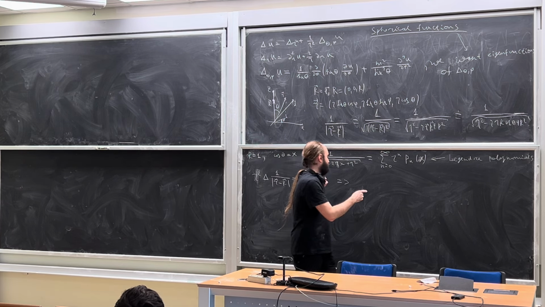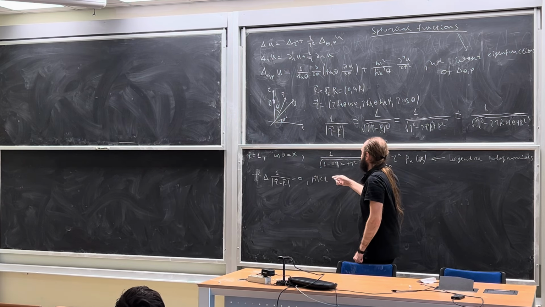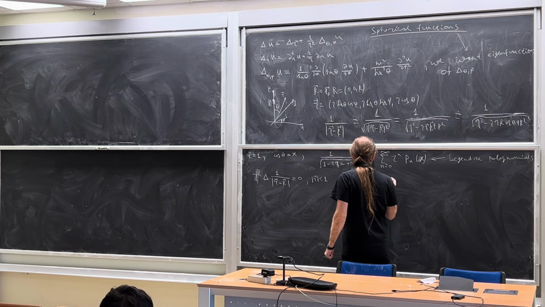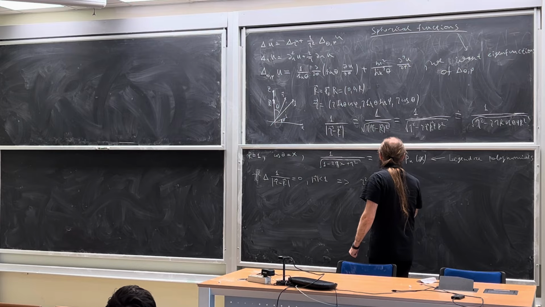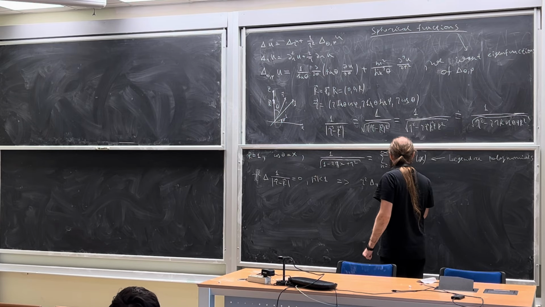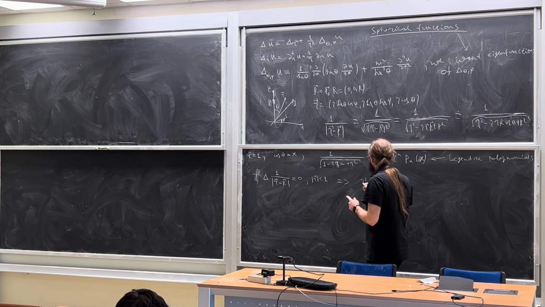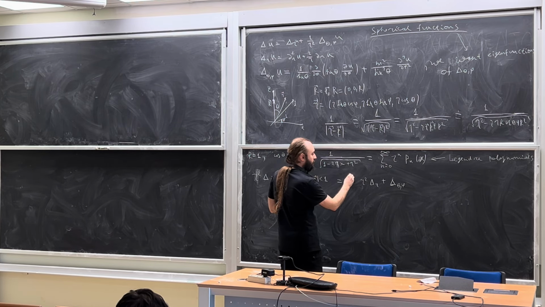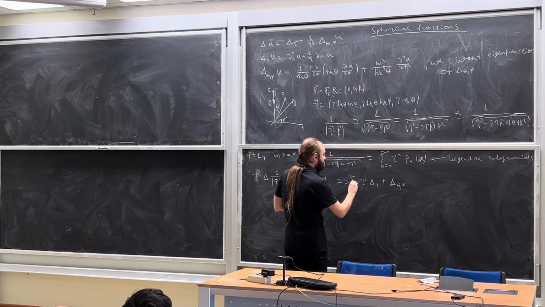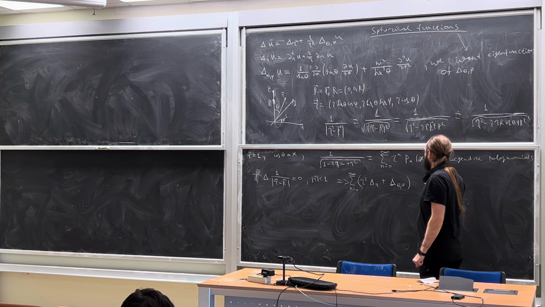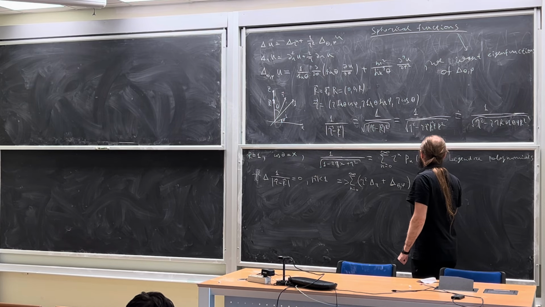So then we say that this expression equals r squared times the radial part of the Laplacian plus the angular part of the Laplacian. And we can put this under the sum, acting on r to the n, P_n of x.